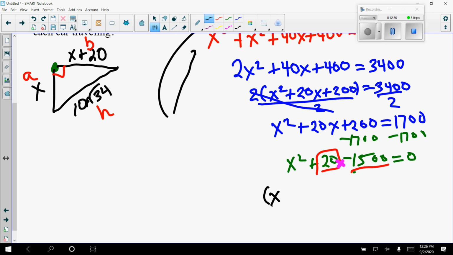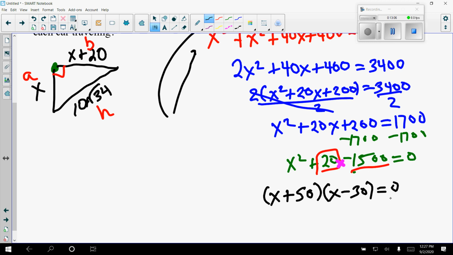Oh boy. I think 30 and 50. One of them has to be negative. So the product is negative. It's going to factor into that because 50 times negative 30 is negative 1,500. 50 plus negative 30 is 20.